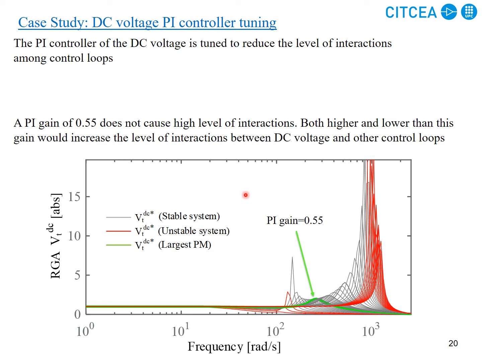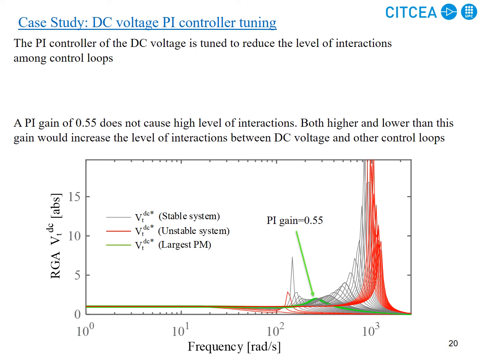For example, in our case study, when the PI gain is multiplied by 0.55, these are the RGA values, and there is no peak, or the peak is minimal, like a valley. This is the region of high interaction, super high interaction, but this green line is related to the PI gain of 0.55, and at this gain the interactions are not significant.